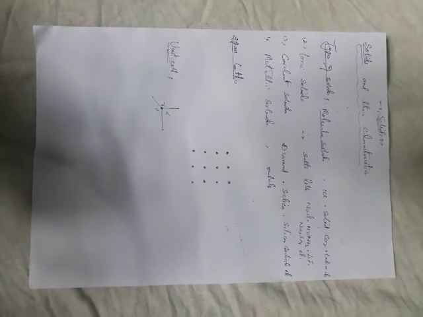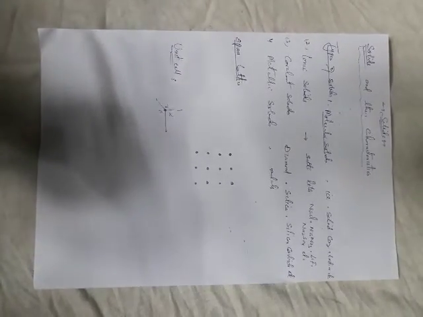Now, as far as the types of solids are concerned, solids are classified into four types depending upon the nature of the binding forces between the constituent particles, which may be atoms, ions, or molecules. We have four types of solids.